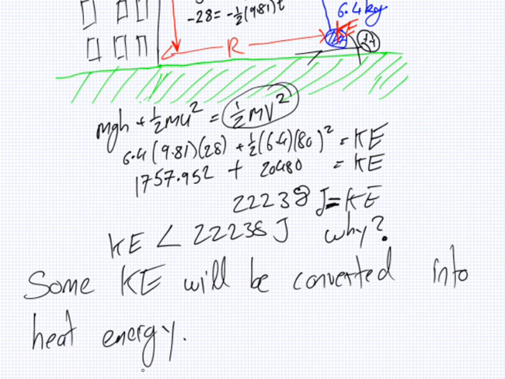mgh plus a half mu squared equals a half v squared. So 6.4, 9.81, 28 plus a half, 6.4, 80 squared equals a half. Actually, that's what you want, isn't it? You want to know what this is. Equals KE.